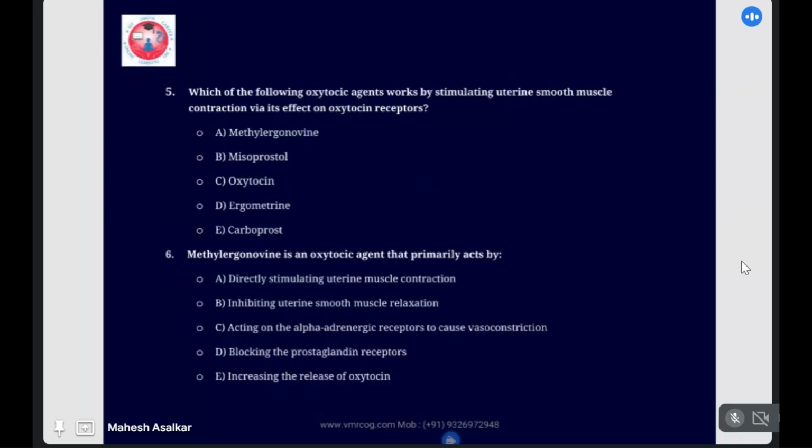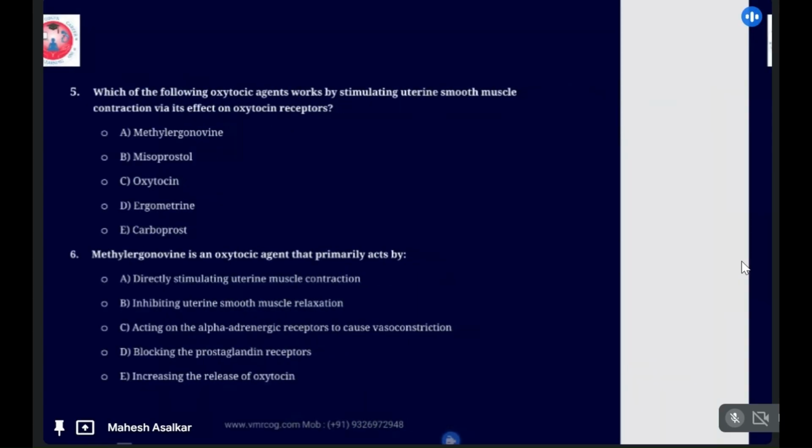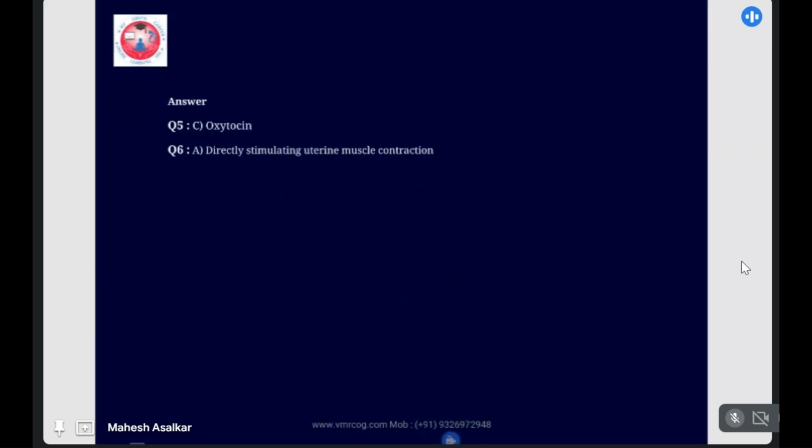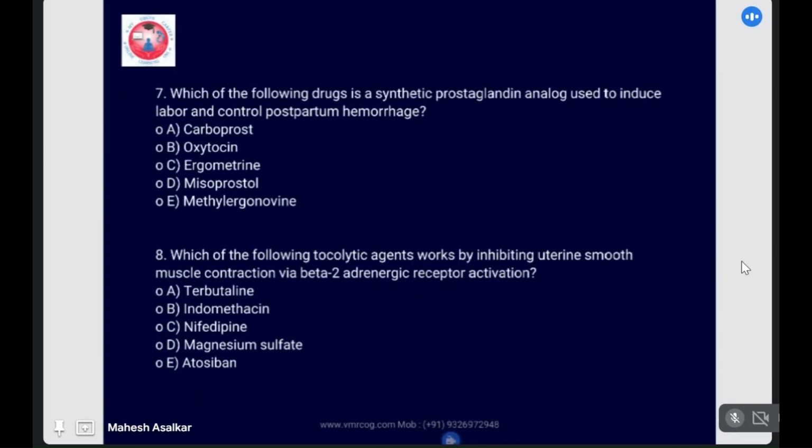Option A, correct. So the answer for the previous question is oxytocin, and for the next question, direct stimulation of the uterine muscle contractions. That is, ergot derivatives act by that mechanism. Now next, Dr. Priyanka, you'll try again, the seventh and eighth.